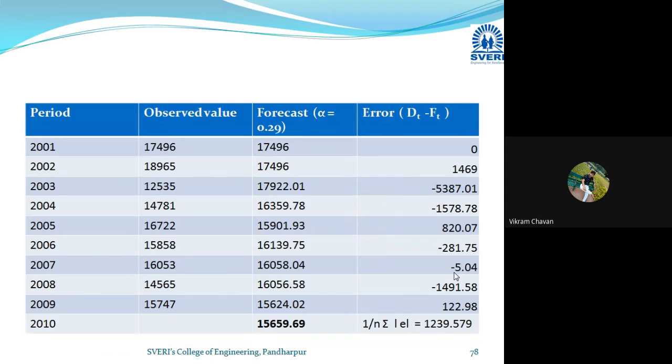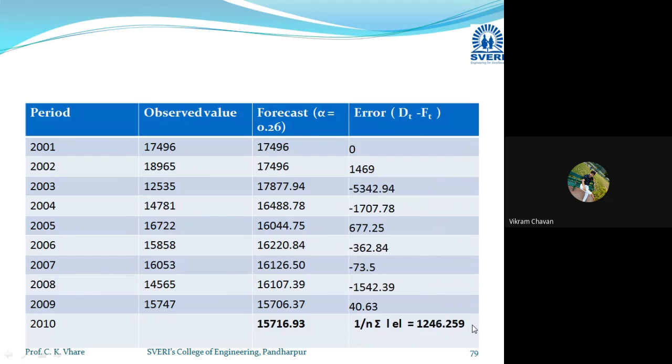Now, in the first case, with alpha equal to 0.26, we are getting the error as 1239.579, and in the case of alpha equal to 0.29, we are getting the value of 1246.259.